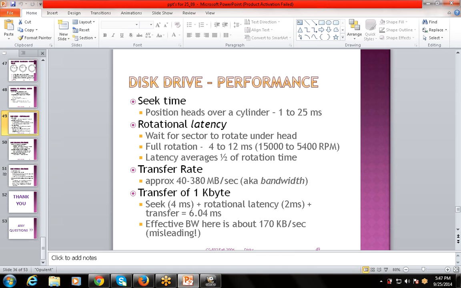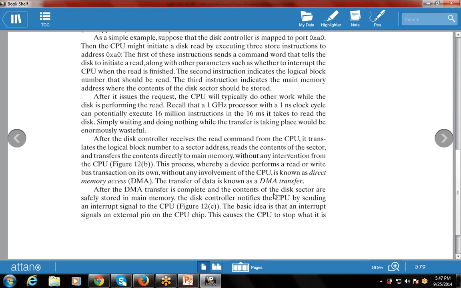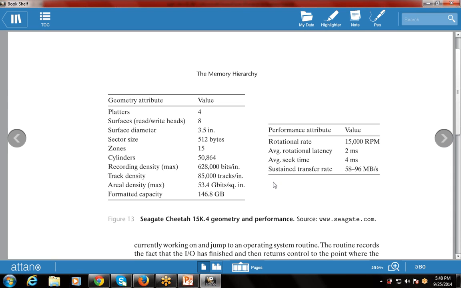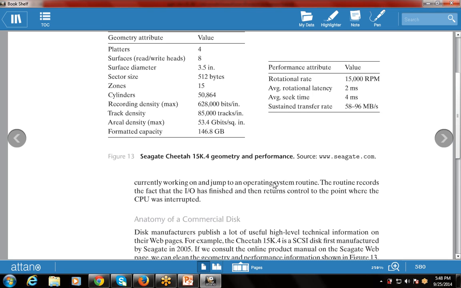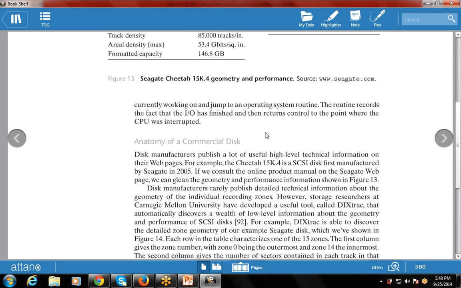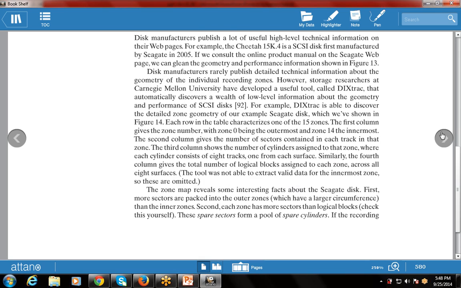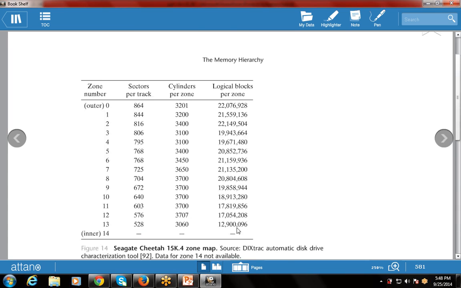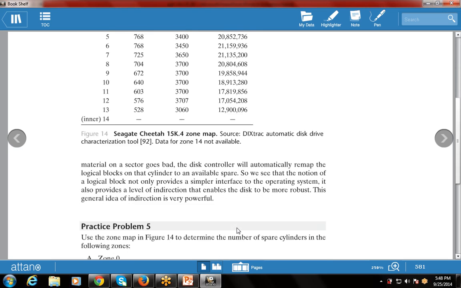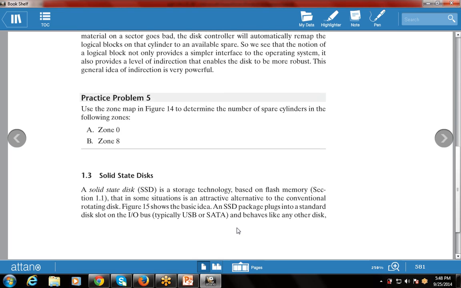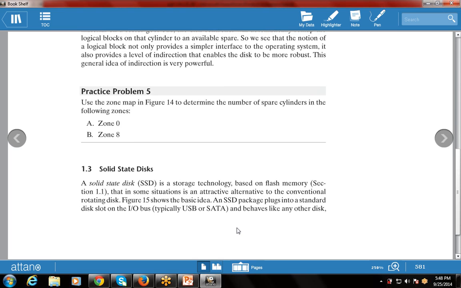Now let's see with the help of the book. We have discussed the DMA. These are the platters, surfaces, cylinders we have discussed. Anatomy of a commercial disk, we have discussed the geometry of the disk. Then the solid state disk is the next topic, that I will discuss in tomorrow's class.